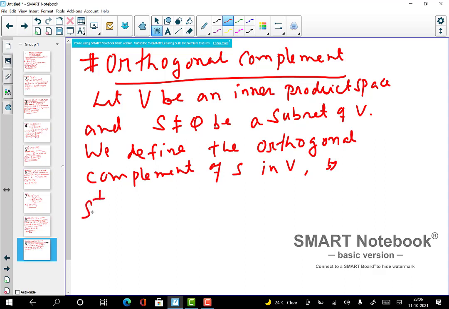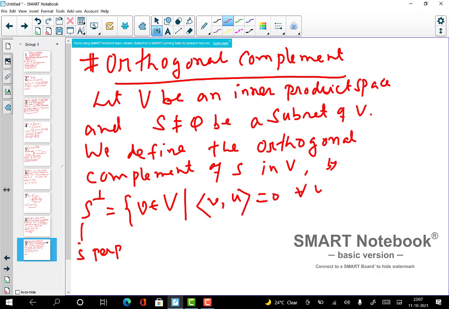So this we call S perp. I will write down what that is. So this we call S perp. Okay. So what is this? This is the collection of all such vectors v in V such that the inner product of v with any vector in S, for all vectors rather I should say, is 0, for all u belongs to S.